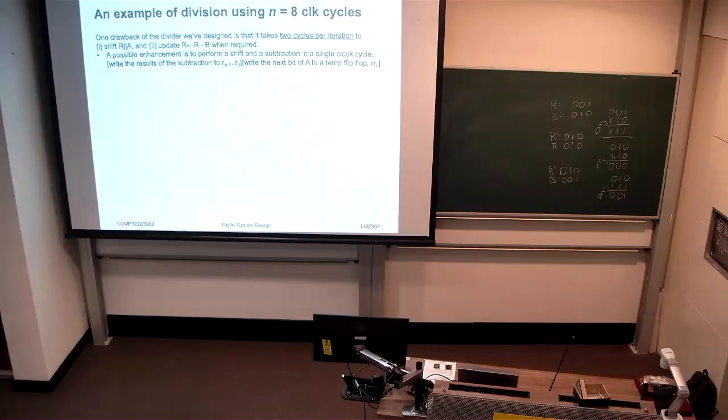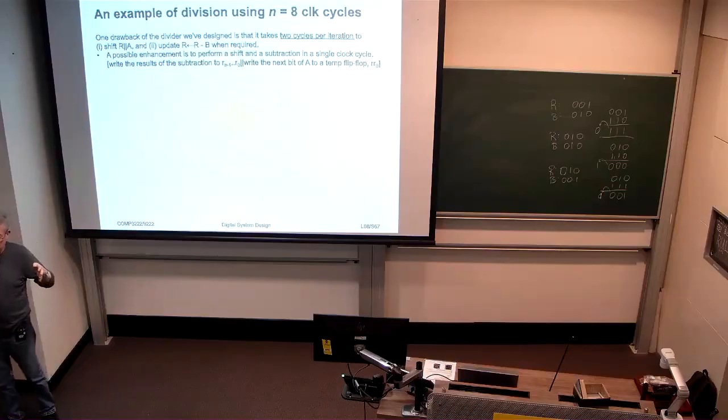The idea is that we're going to have one extra flip-flop apart from the R register, and we're going to shift into the R register from the A register via this one flip-flop. So it's like a spare flip-flop.